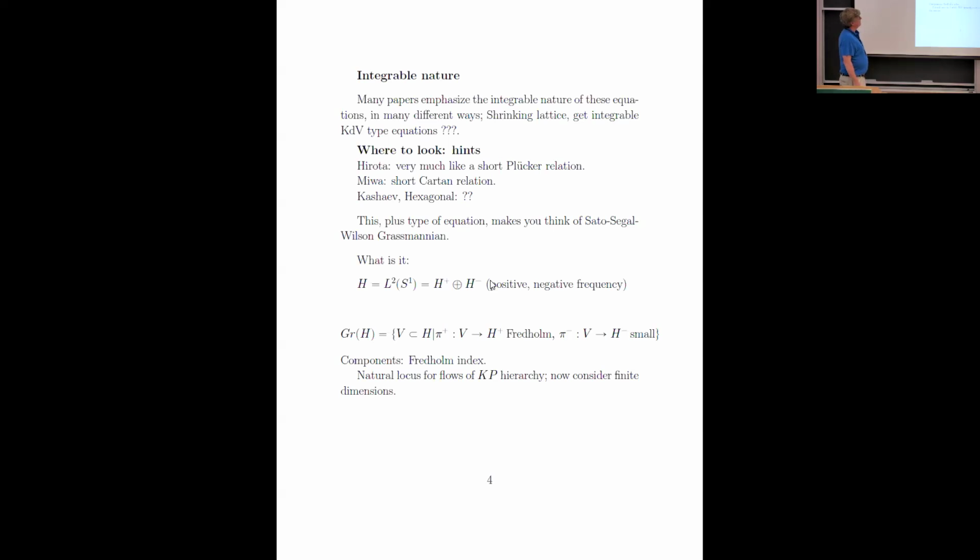So what do you do? Well, you start with the Hilbert space, which is L2 of the circle, and you split it into positive and negative frequency Fourier series, so H plus and H minus. And then you build a Grassmannian, where the planes are very close to being the positive plane, H plus.